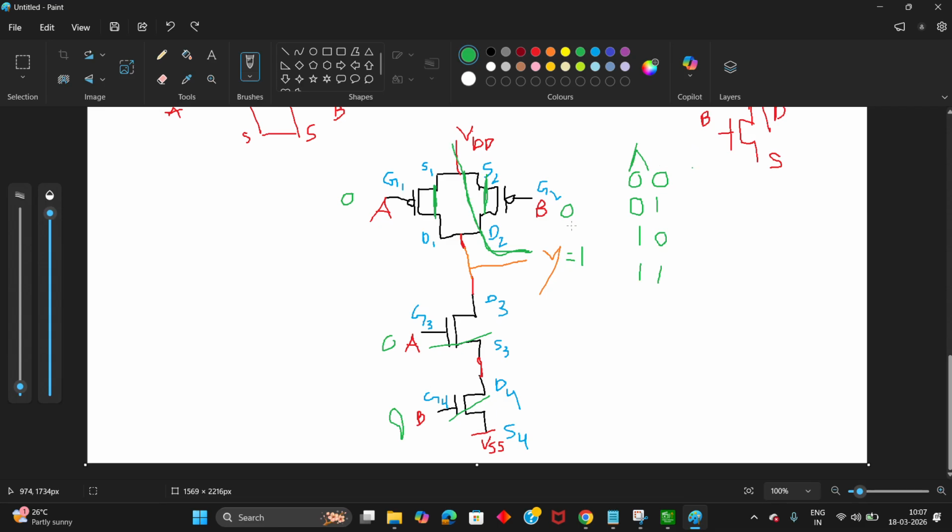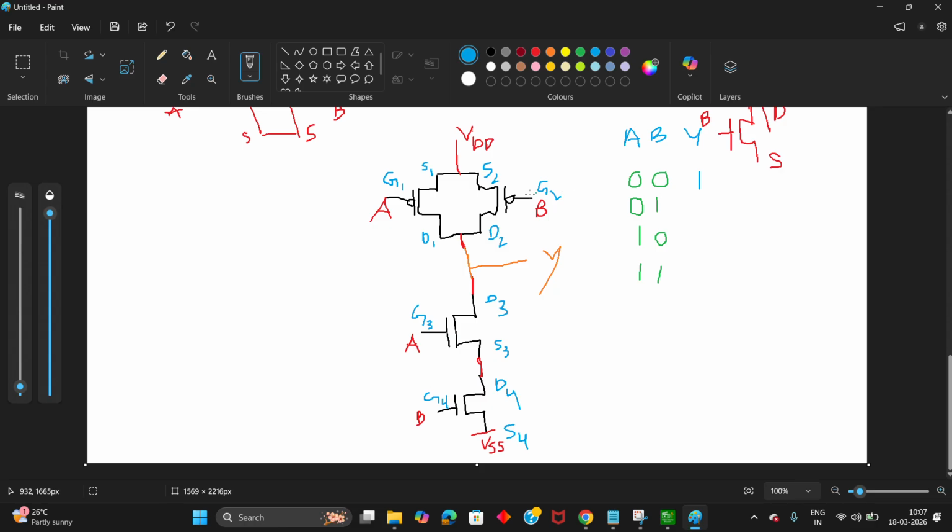Let me discuss another case with you. We have seen the first condition, right? We have got the output as 1, that is VDD.